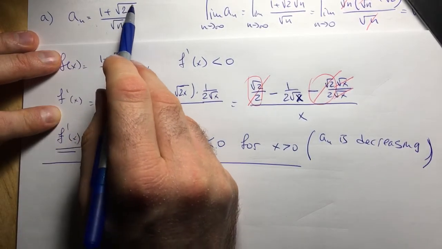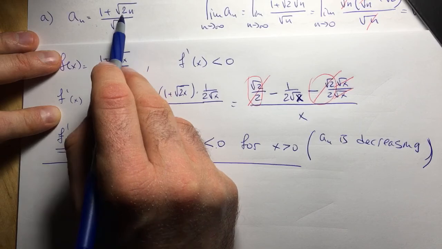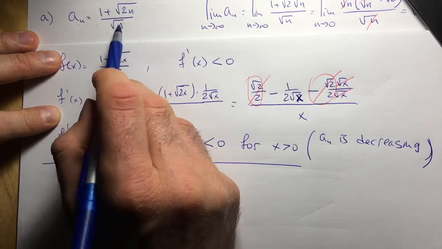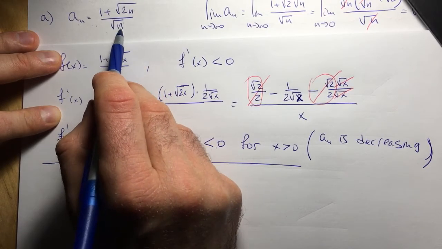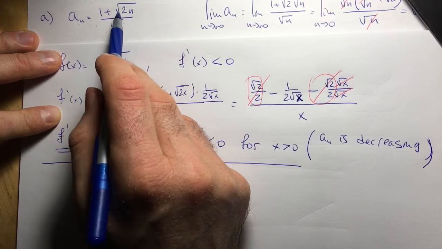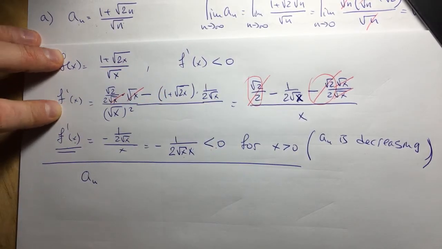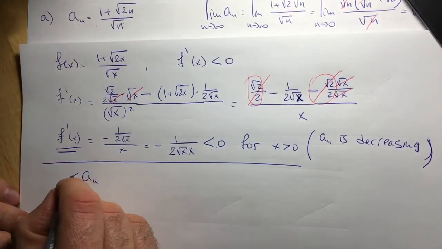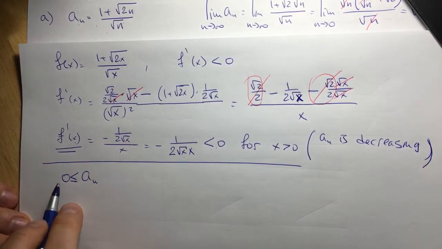So this part of the numerator is always positive. The denominator is always positive. This ratio is always going to be positive, right? So every element of this sequence is greater or equal to 0. So there is a lower bound. 0 is the lower bound.